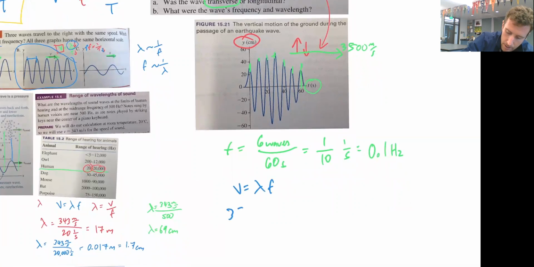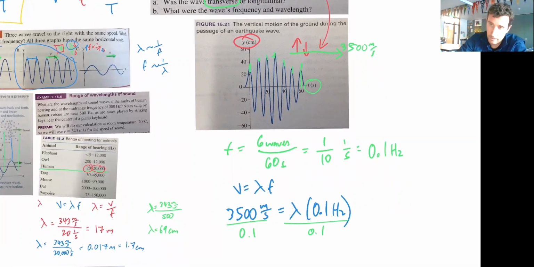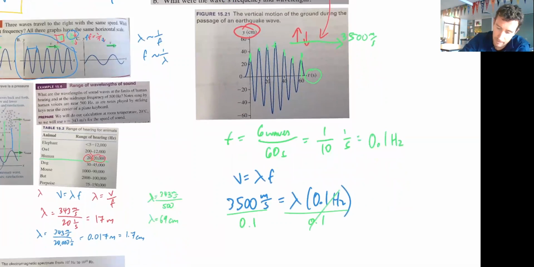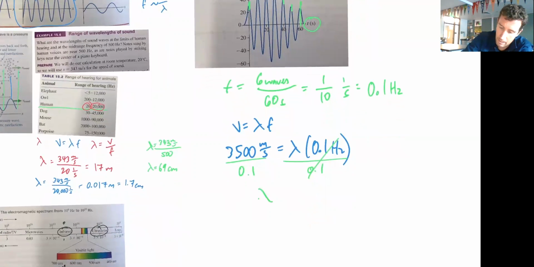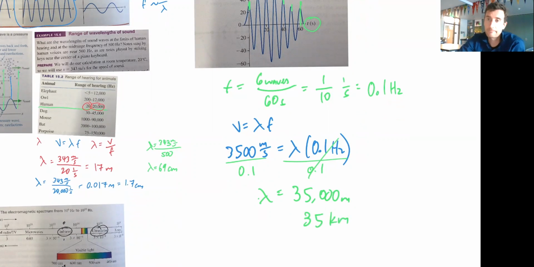Velocity is 3,500 meters per second equals the wavelength times 0.1 hertz. I'll have to divide both sides by 0.1. That gives me 3,500 divided by 0.1, a wavelength of 35,000, oh my gosh, meters. So that's a wavelength of 35 kilometers.